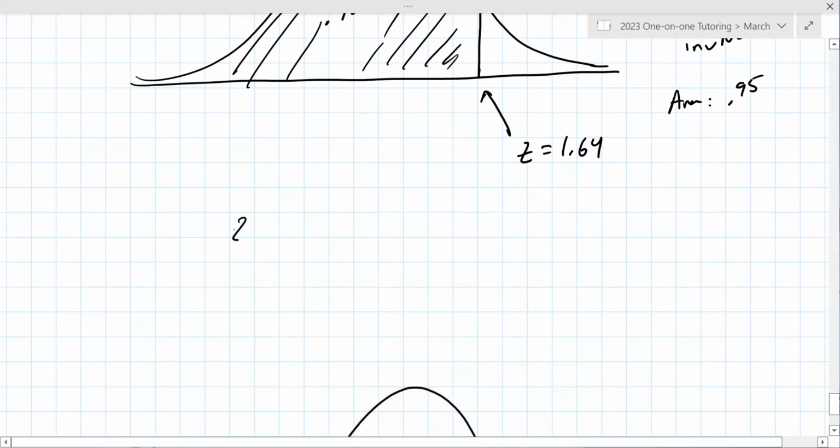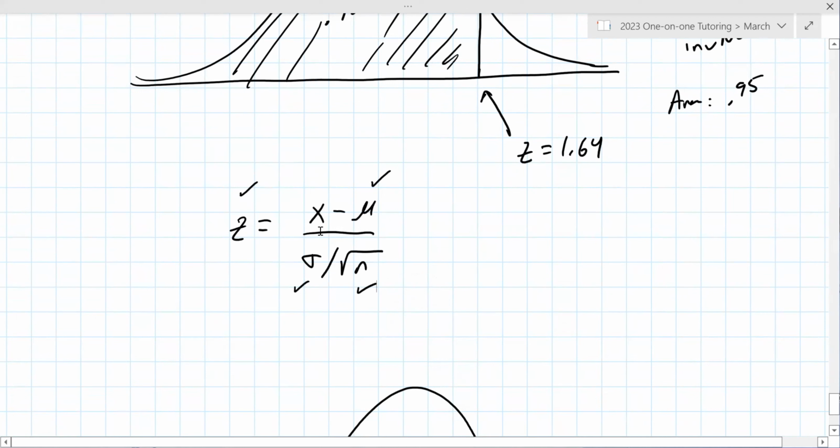Now we're working backwards because we're going to use that Z equation. Z equals X minus mu over sigma divided by the square root of N. So now we have Z. We were given mu, sigma, and N. So we're going to solve for X in this equation.